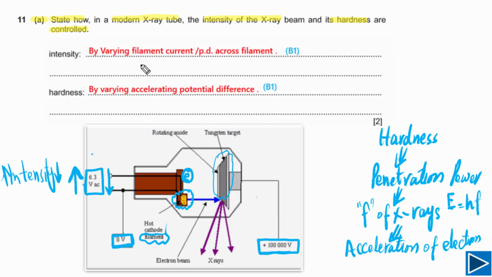This is how you can write down your final answer. You can simply say that by varying the potential difference across the filament, you can control the intensity of X-rays.